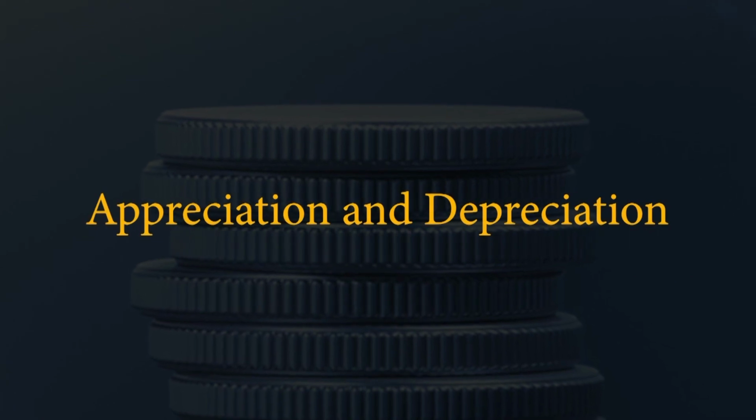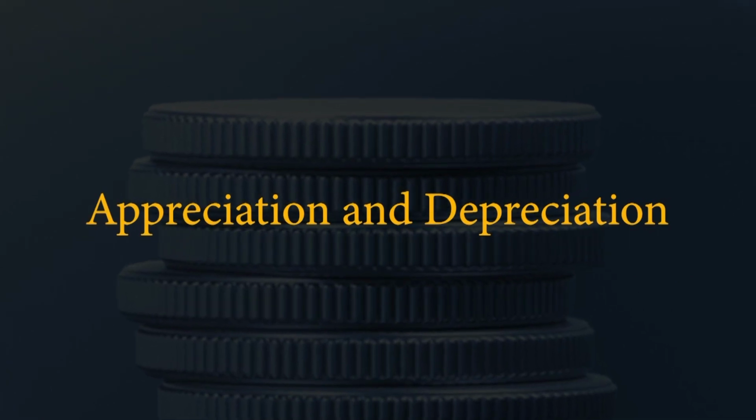Now in terms of the other movements of this exchange rate, we have appreciation and depreciation. Appreciation means the value of the currency measured by the amount of foreign currency it can buy. So appreciation of the dollar means the value of the dollar is on the rise. So any item which is purchased in terms of dollars will benefit.